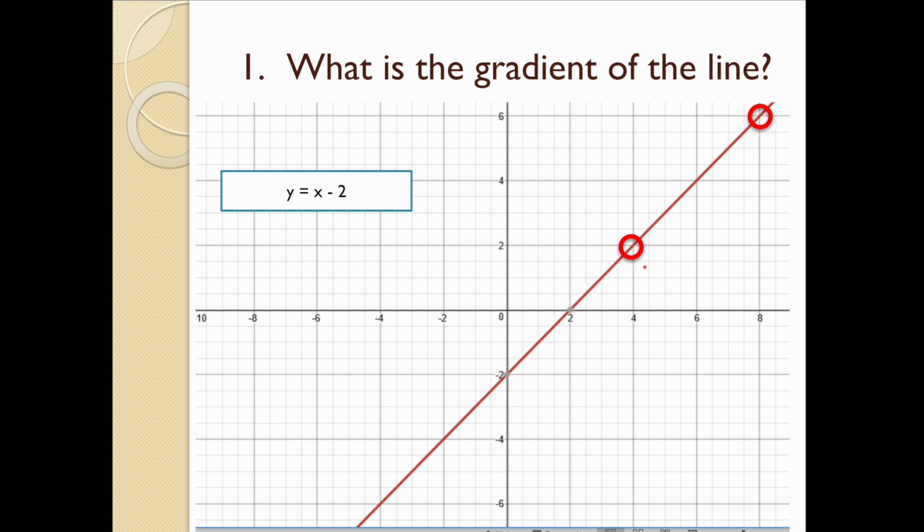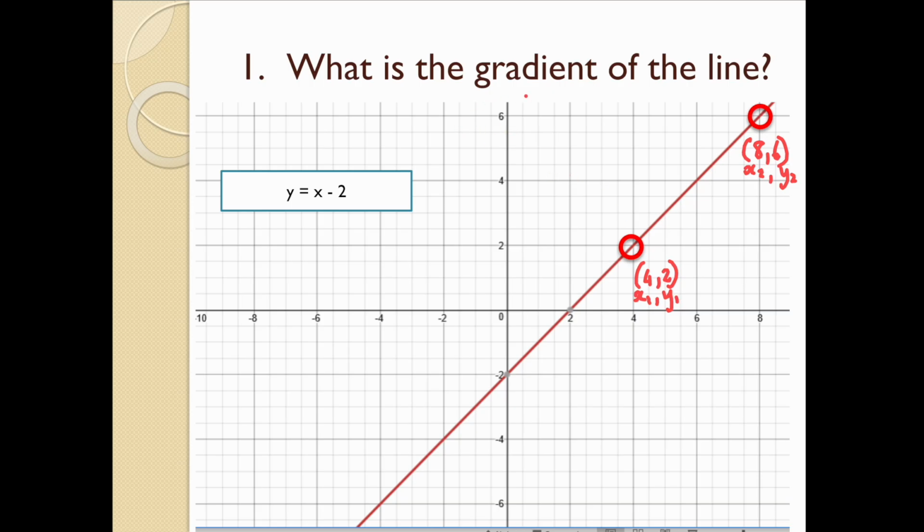So this coordinate here is 4, 2, and this coordinate here is 8, 6. So I'm gonna call this x1, y1, x2, y2. Now no matter how we did it, if I was to call this x1, y1, and this x2, y2, we'll get the same answer.